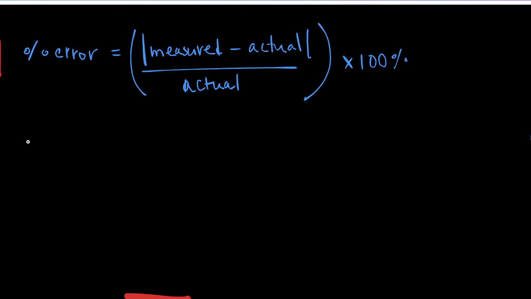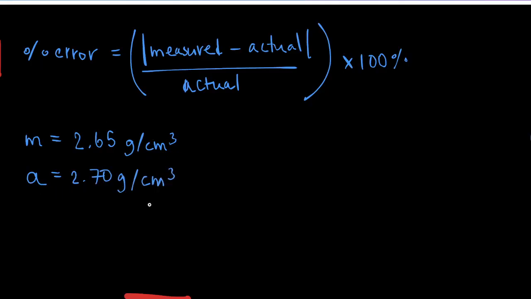So we said that we measured, let's label it as M, 2.65 grams per centimeter cubed. And the actual accepted value for the density of aluminum is 2.70 grams per centimeter cubed.